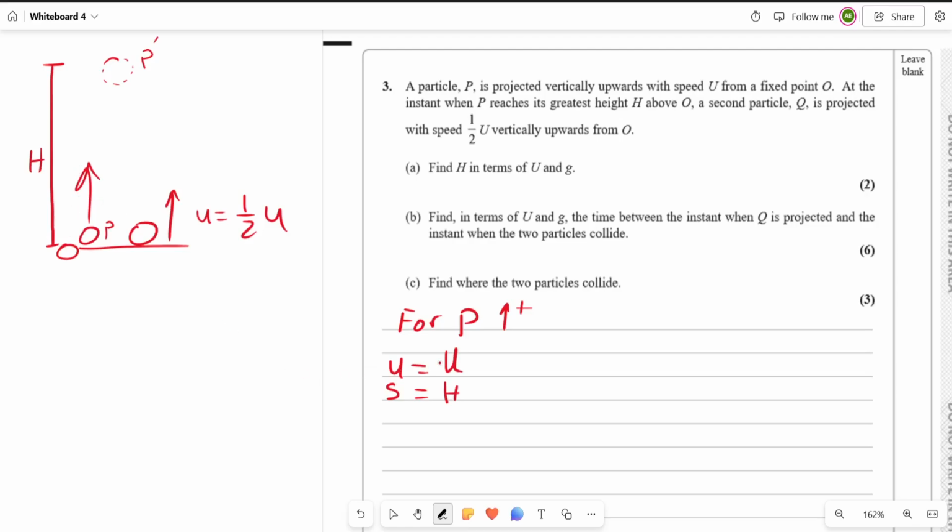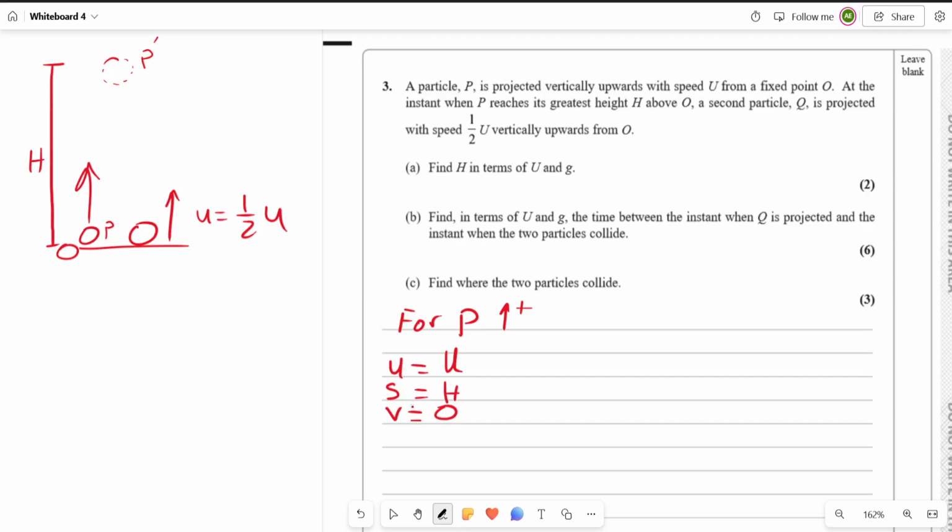I'm not going to put a negative u here. What else do I have? I know that v, the final velocity when P reaches the height h, is going to be 0, because it is momentarily, for just one instant, at a speed of 0 and then it's going to start to fall back down.